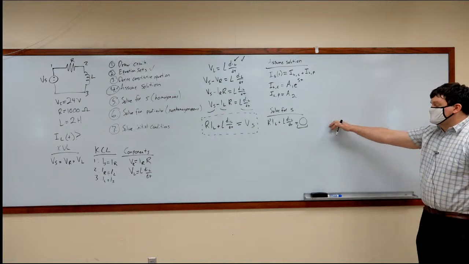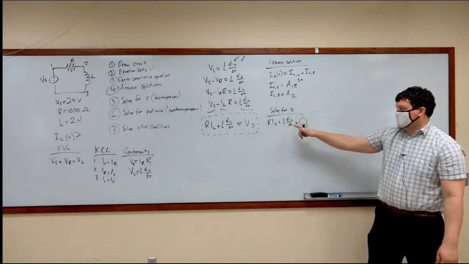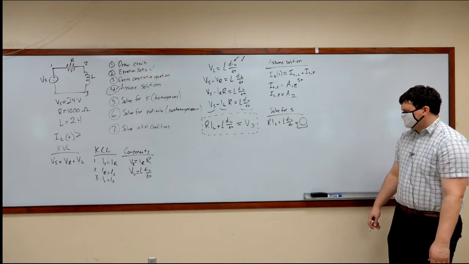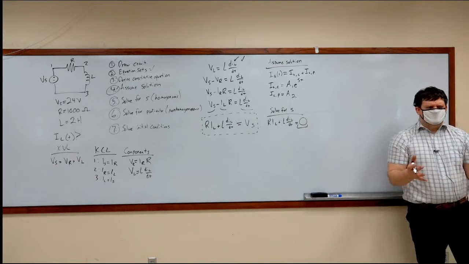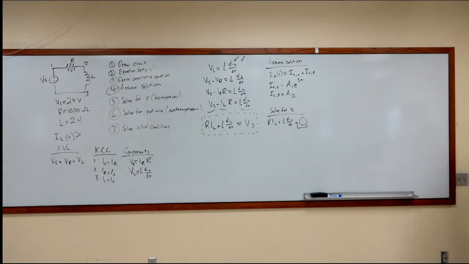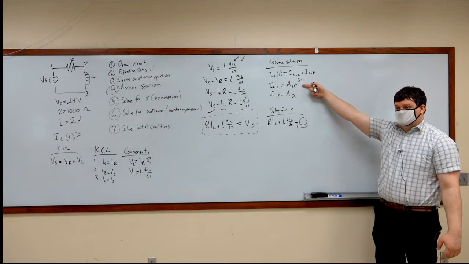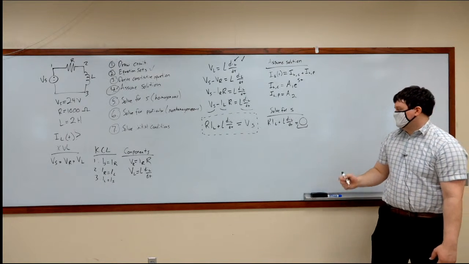Okay, so this is the homogeneous equation. All this is this thing written where it's missing Vs. That's it. That's the difference. Okay, we're going to take this homogeneous equation, and what do we do with the homogeneous equation? We substitute in, instead of IL, ILC, because we're specifically solving for the complementary solution.